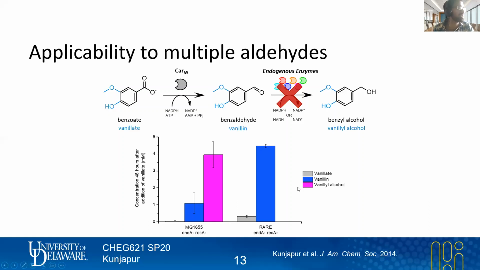You don't get, like in this case, the complete prevention of alcohol formation, but you get a substantial boost in the amount of aldehyde you can make. In other words, you substantially decrease the rate of aldehyde reduction. You don't abolish it, but you minimize it. And so those approaches can be really valuable at the end of the day, not just for making aldehydes, but for making anything that might come from an aldehyde.